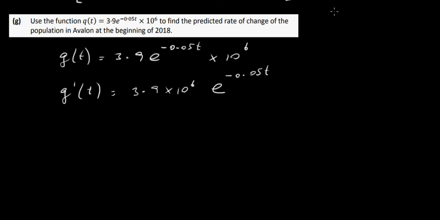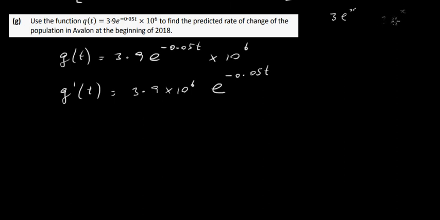It's like if you have, say, 3 e to the power of x. If you differentiate that, it would be 3 e to the power of x. So that's all I've done so far. However, this is not an x here, it's a minus 0.05x if you like. So I'm going to have to differentiate this bit up here as well.